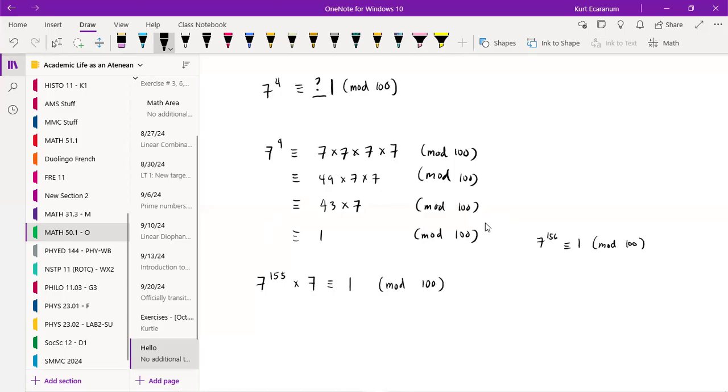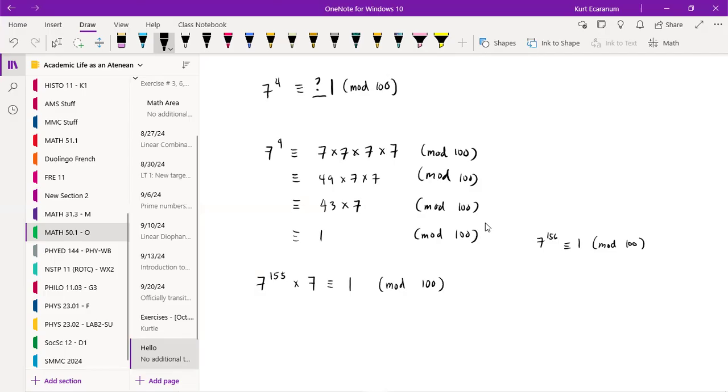Pero anong sinasabi nito? Ano ang ini-imply nito for 7 raised to 155? Ang ibig sabihin lang nito, itong 7 na tinimes natin is the inverse of 7 to the 155. Nagets ba? Inverse yung 7 kay 7 to the 155 kasi kapag pinag-times mo siya, 1 yung sagot.